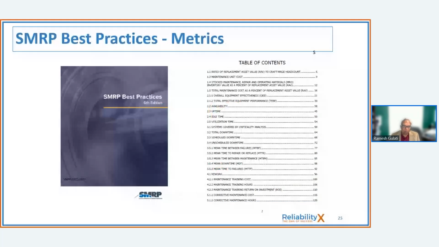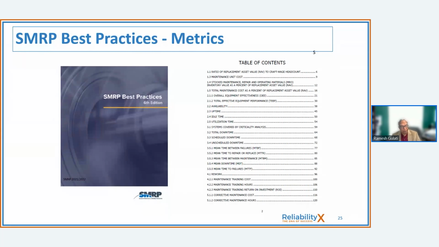I've been involved with SMRP for many, many years. In fact, back in the 90s, I got involved in best practices and in identifying the body of knowledge, how to define it. The whole CMRP exam came out of that, defining best practices and really defining what makes a reliability professional.